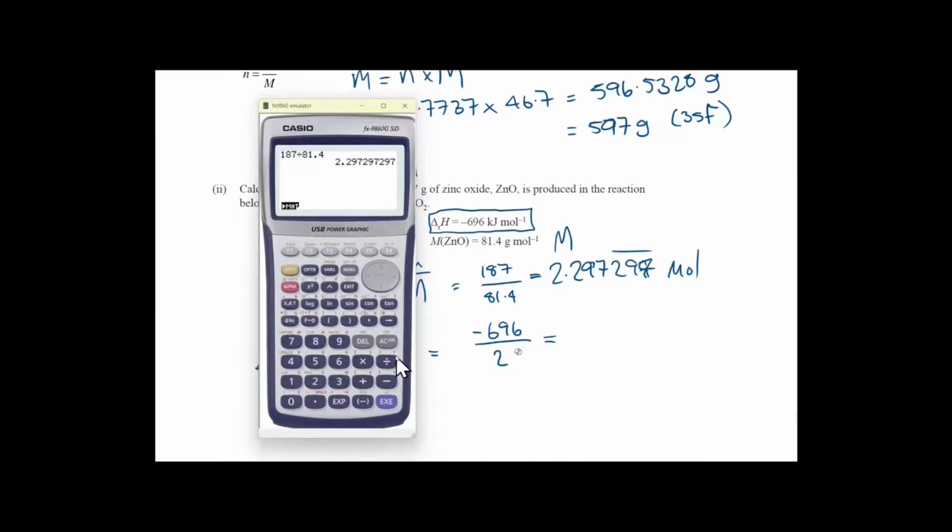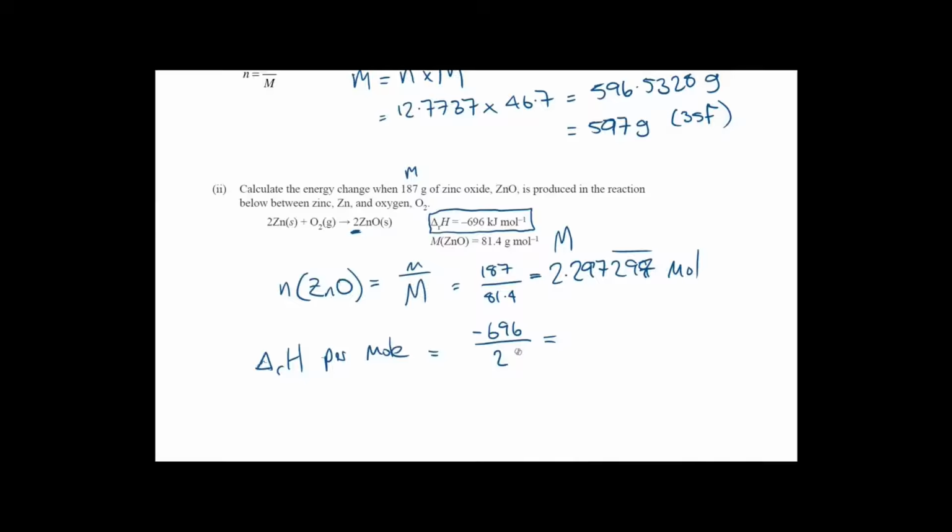Okay, calculator comes out again. Let's just ignore the minus bit, that just says it's releasing energy in an exothermic reaction. So 348 kilojoules per mole. So I guess we could say it releases 348 kilojoules per mole. And there are this many moles, and each mole will release this.